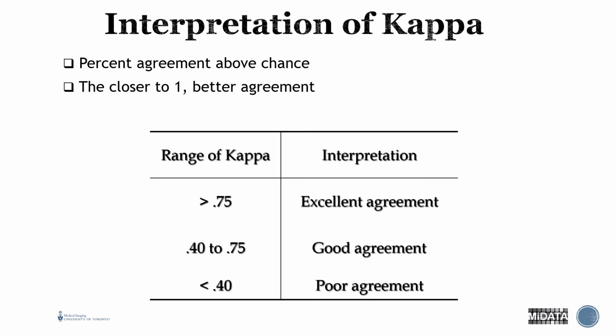So the interpretation of this Kappa we just calculated, remember it represents the percent agreement above chance, and the closer to 1, the better the agreement. And so this is just a rule of thumb, or what's accepted, but basically a Kappa that is greater than 0.75 is considered excellent. 0.4 to 0.75 is considered good agreement, and less than 0.4 is considered poor agreement.